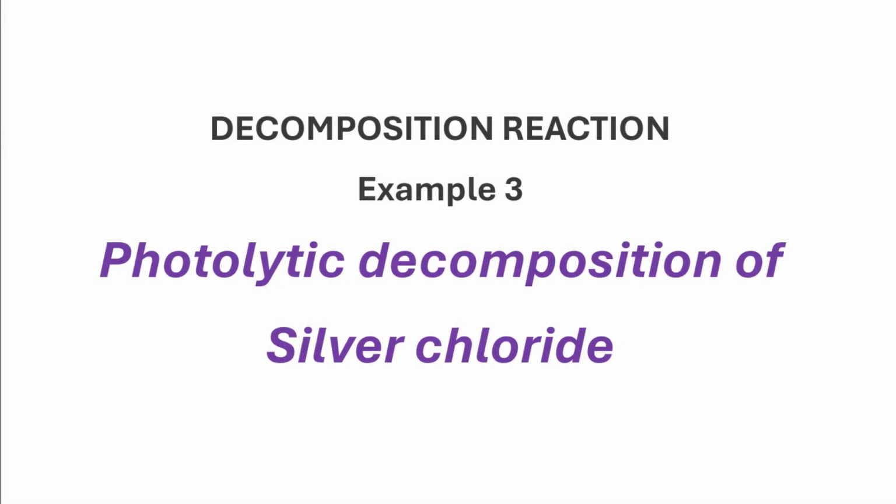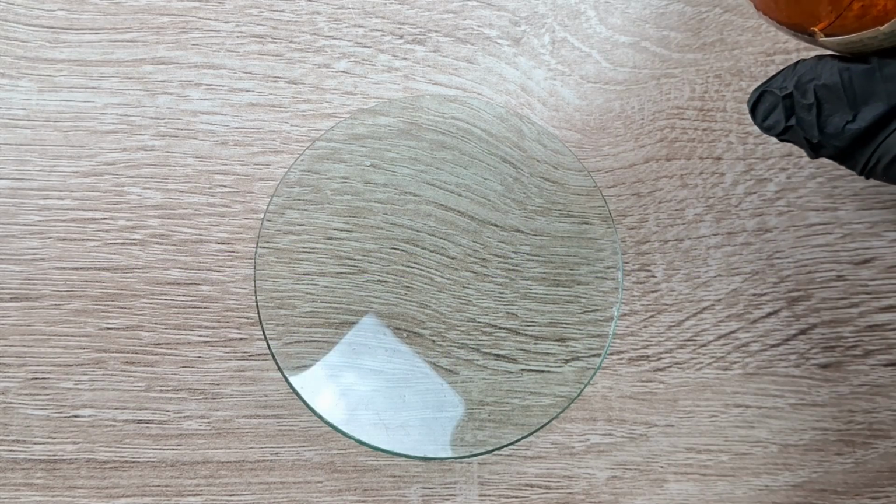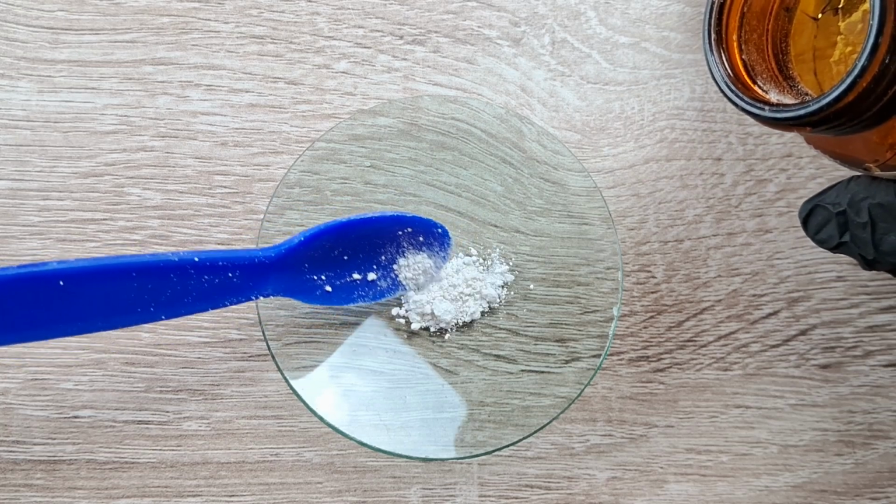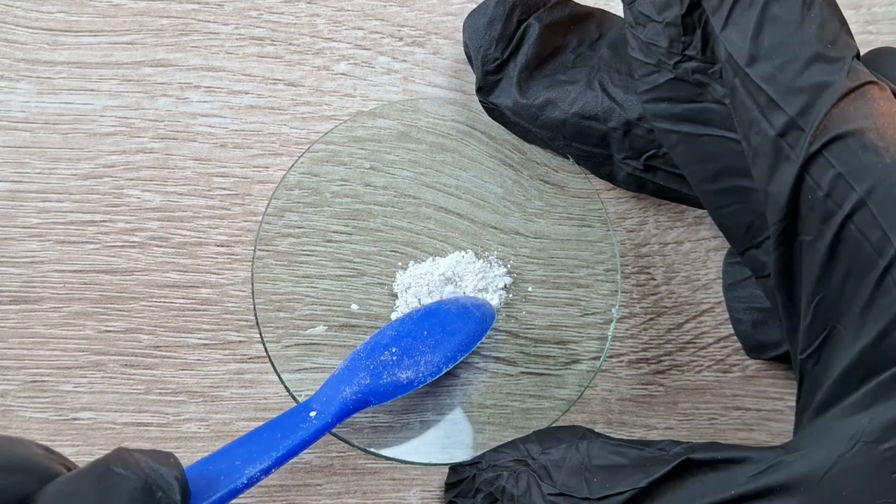Chemical decomposition reaction can also be brought about by radiant energy from sunlight or artificial light. A classic example is the light-catalyzed decomposition or photolysis of light-sensitive silver salts such as silver chloride. To perform this experiment, take a small amount of silver chloride in a watch glass and spread it out evenly to form a thin layer.